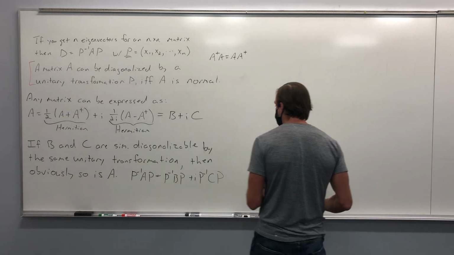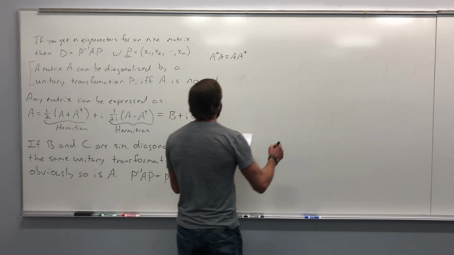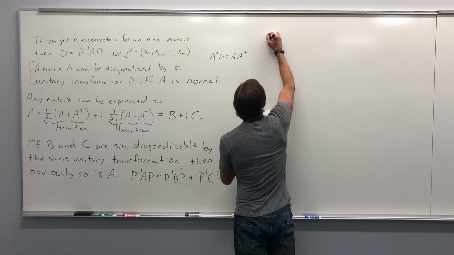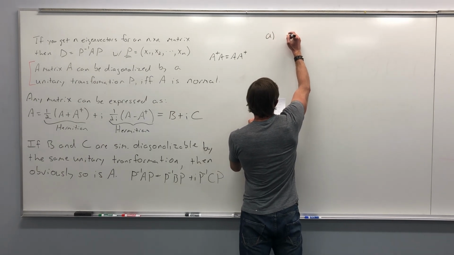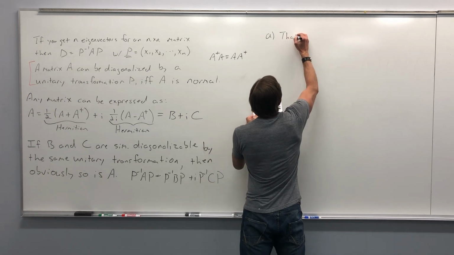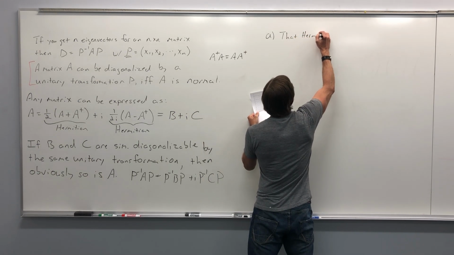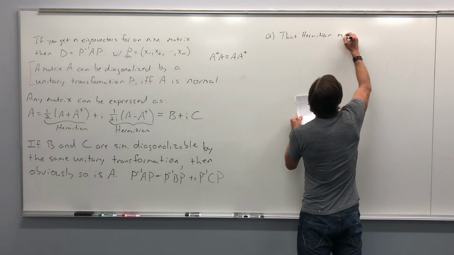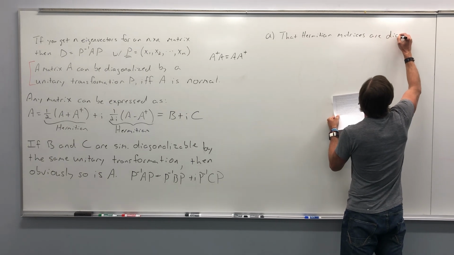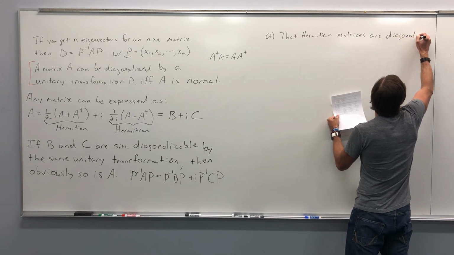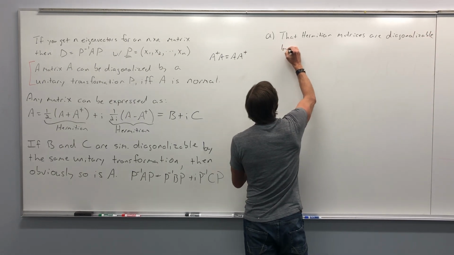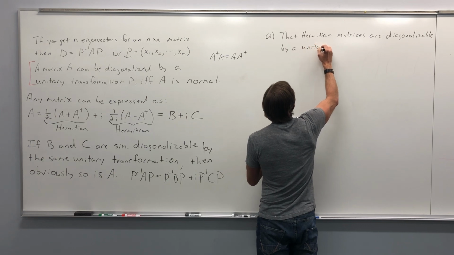So we have two things to show to get the ingredients to this to work out. The first thing we have to show is that Hermitian matrices are diagonalizable by a unitary transformation.